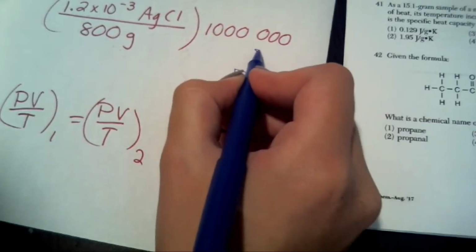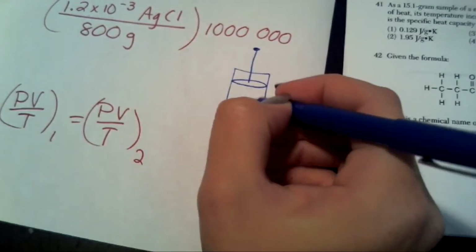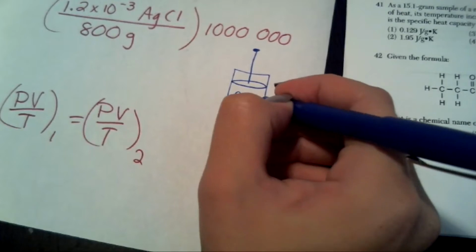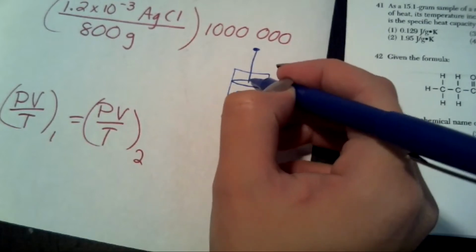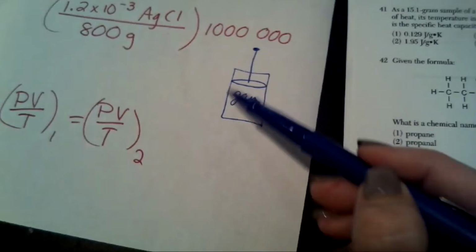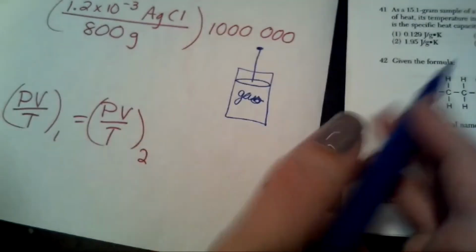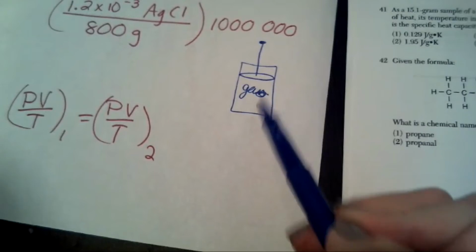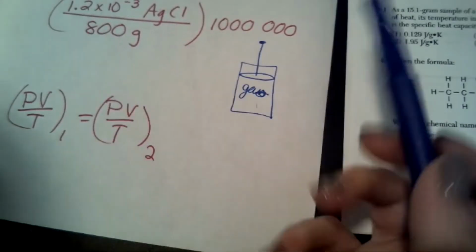So it kind of looks like a syringe where you can squeeze. This is where the gas is. If you push down on this, you can squeeze the gas. And if you pull the piston out, you give the gas space to expand. So our volume, the amount of space it takes up, can change.